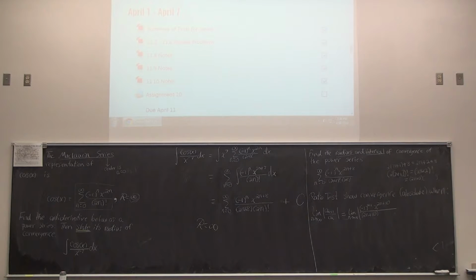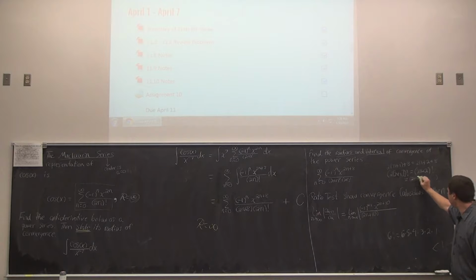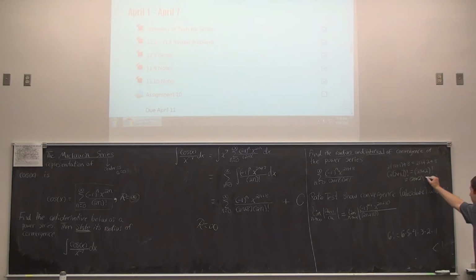Anyone see it? You have to descend by 1 every time. So just like 6 factorial means 6 times 5 times 4 times 3 times 2 times 1, the thing playing the role of 6 is the 2n plus 2. Then we go to 1 less, much like the 5. It'd be a 2n plus 1.